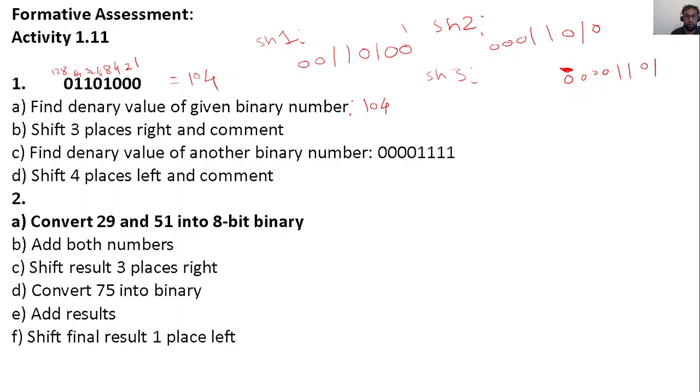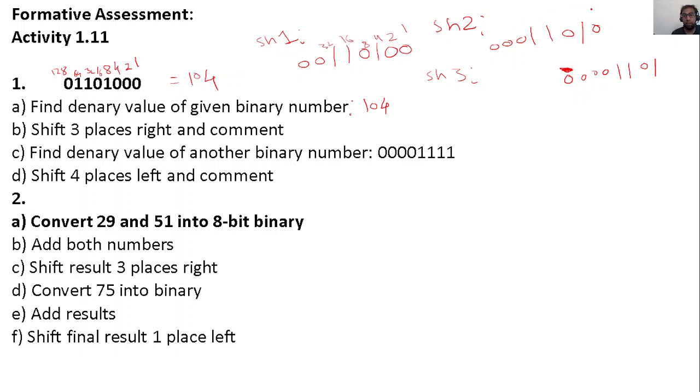How? Let's try it. 1, 2, 4, 8, 16 and 32. 32 plus 16 is 48, plus 4 is 52, as we had each only once, so that gives 52 for the first shift. Now the second shift: this number will represent 26, because a right shift divides the number by 2.